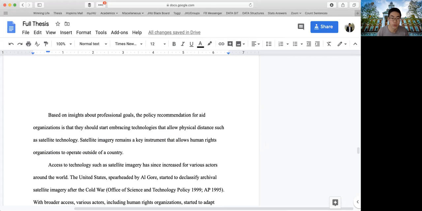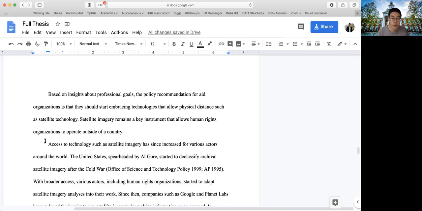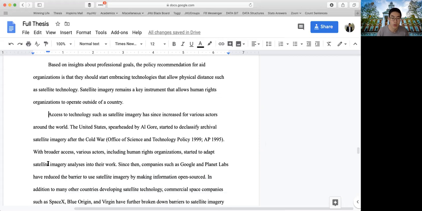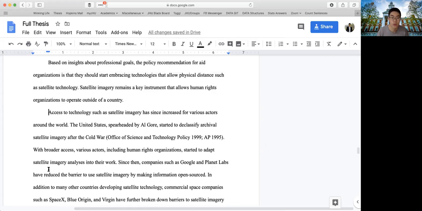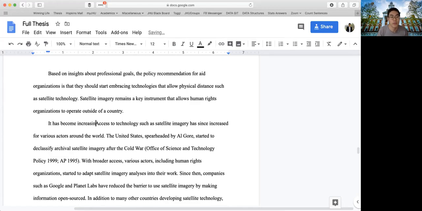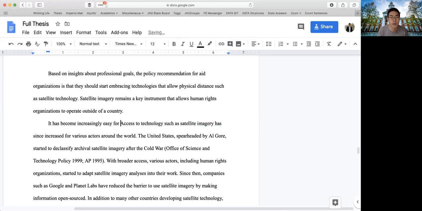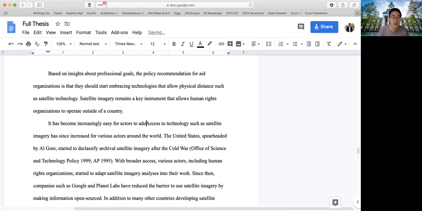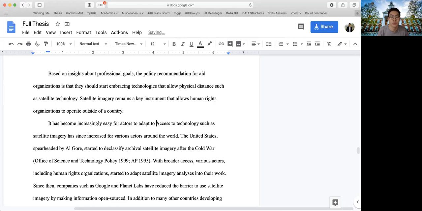Now I'm going to change this. It has become increasingly easy for smaller actors to adopt new technology.